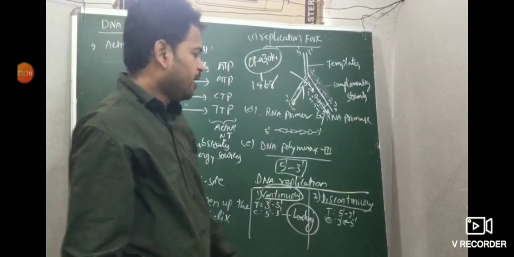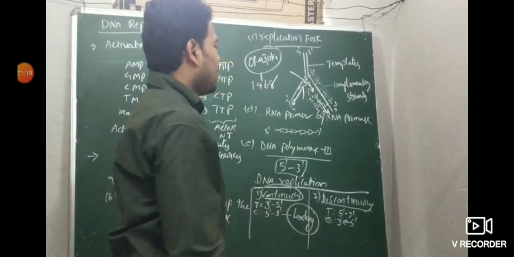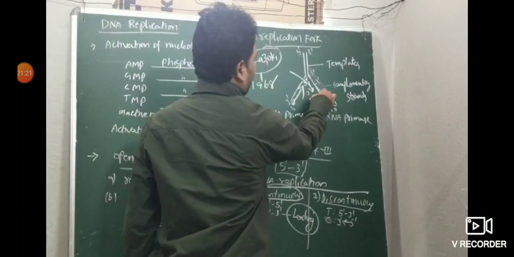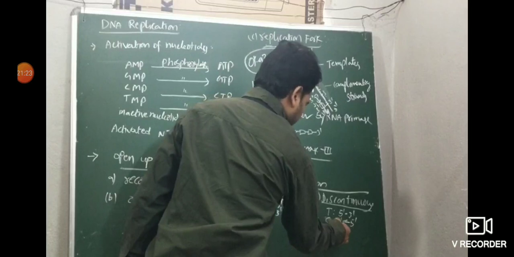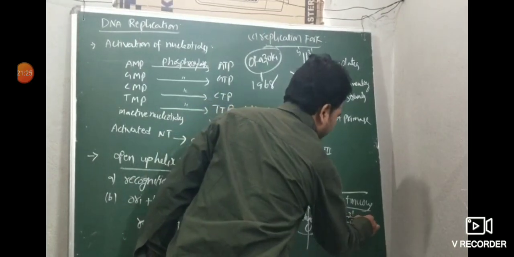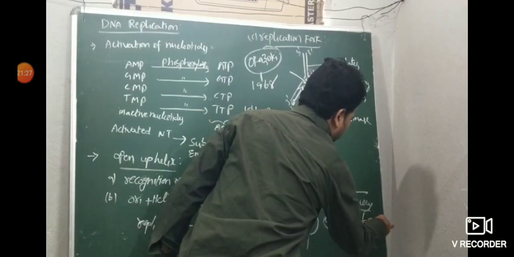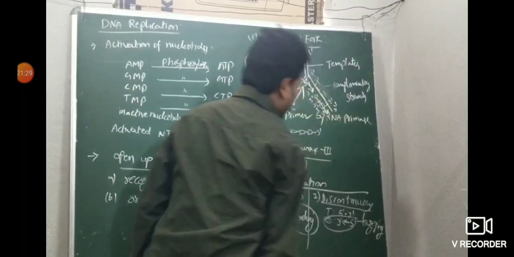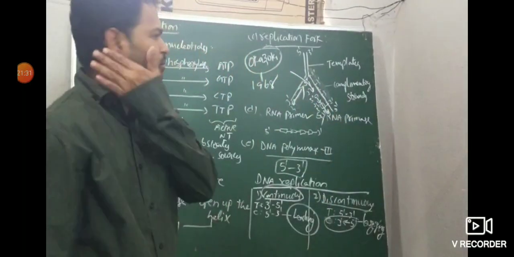This type of strand is called a lagging strand. This type of replication is called discontinuous replication.